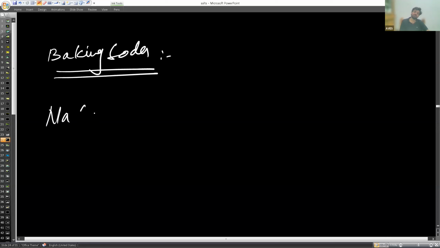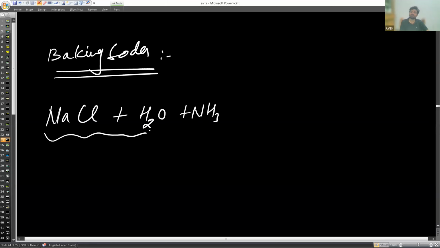Baking soda can be prepared when we have NaCl, sodium chloride, plus water. This is the brine, and we pass ammonia gas to it. When ammonia gas, NaCl and water mix together, they form ammoniacal brine.